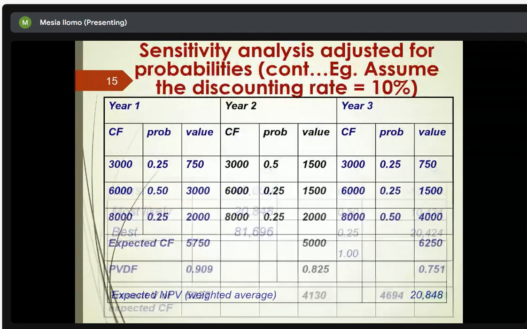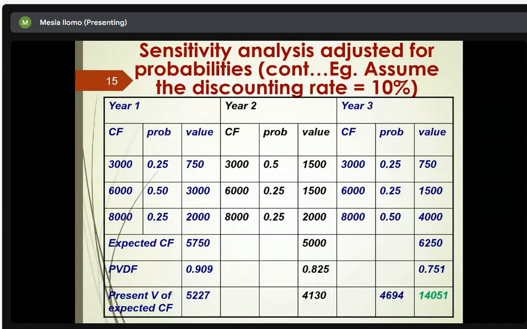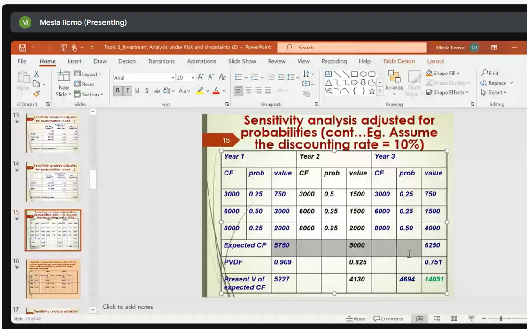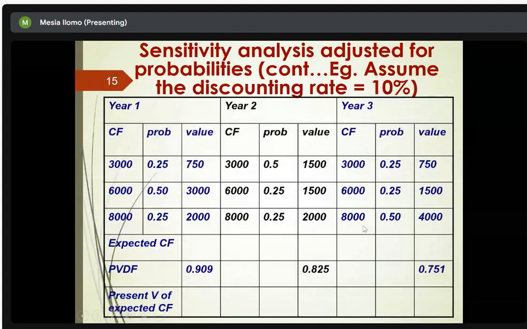Now we have another case here. So we have another case, let's say of a typical project.